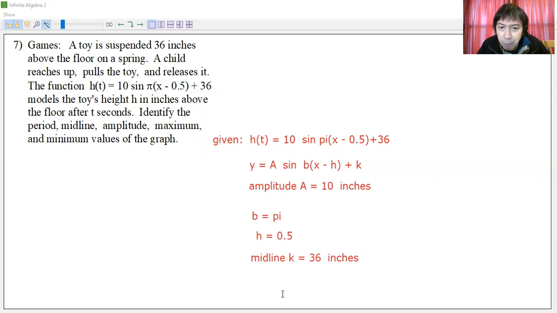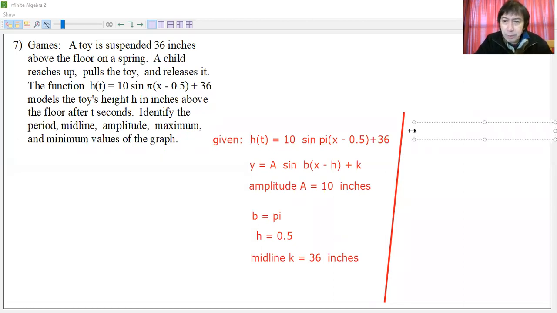Okay, so we have amplitude, we have midline. We can solve for the maximum and minimum values of the graph. We shall use the right side of the screen, solve for max. So max is equal to midline plus the amplitude.